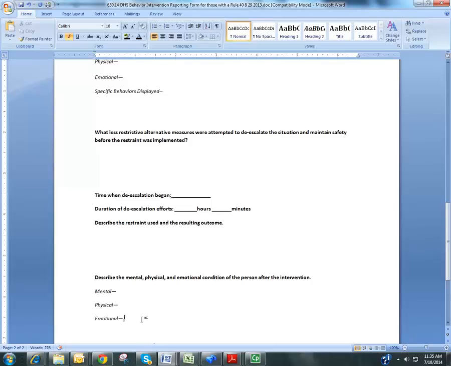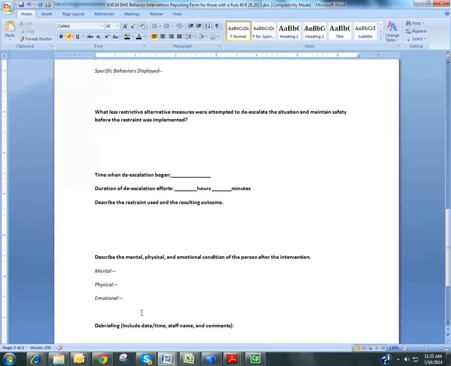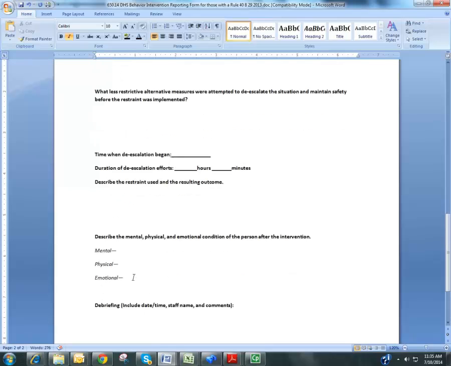Did the person start out rather agitated even once the restraint was done, or was the person relatively calm? Were they apologetic? Was the person crying? Was the person very angry with the staff? Indicate some of those things that talk about the person's emotional state after he was released from the intervention.